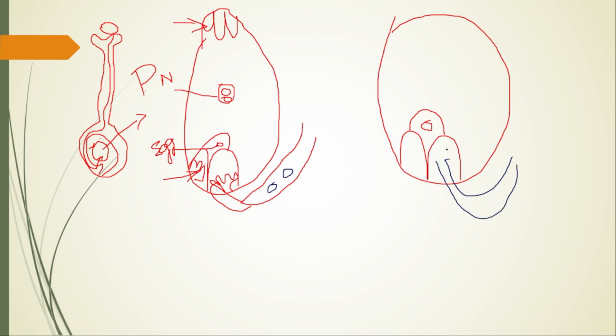The male gametes are going to be released. Among these two male gametes, one is going to fuse with the egg cell by the process called syngamy, isn't it? This is the female gamete and this one is the male gamete. They both fuse to give what? Zygote.